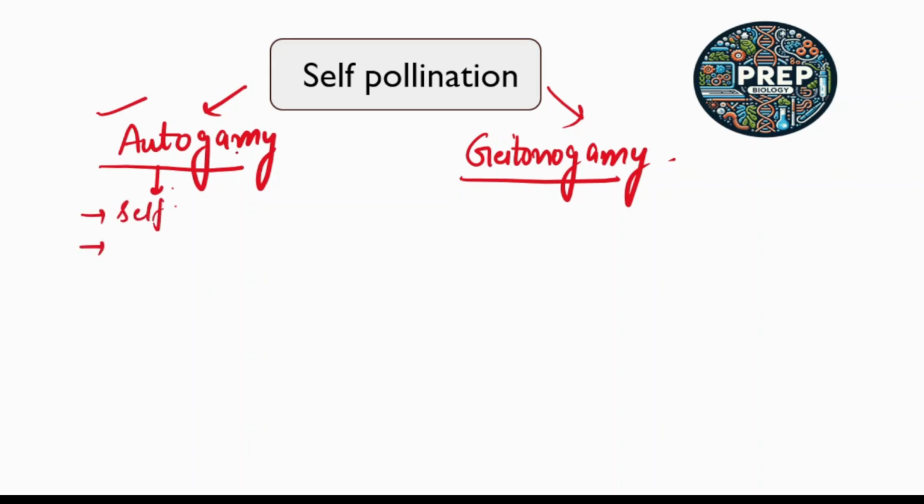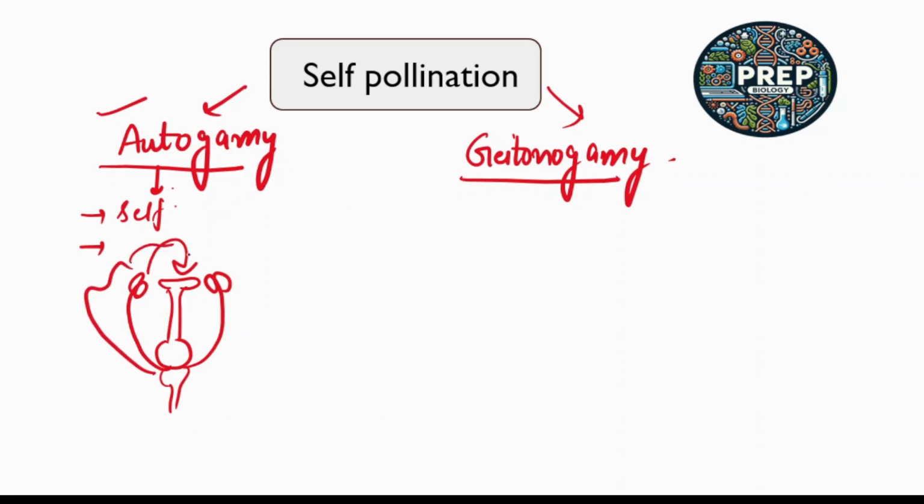So autogamy is the transfer of the pollens from anther to the stigma within a same flower. That condition is called the autogamy.